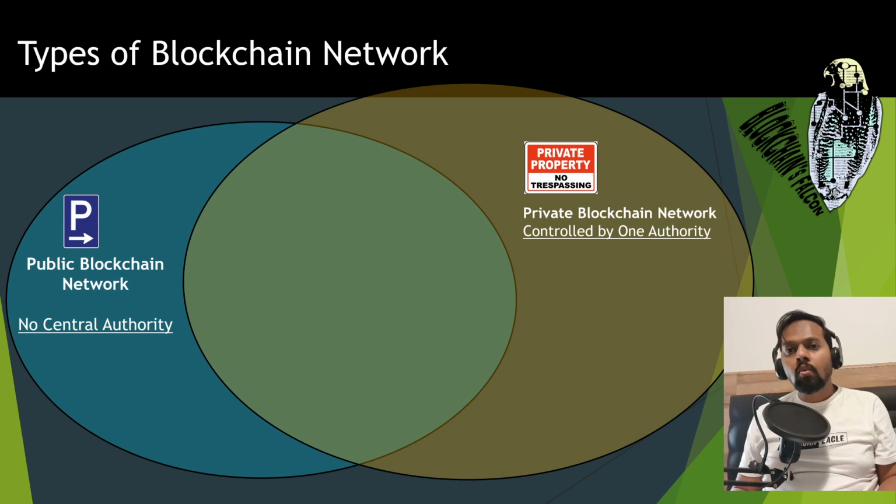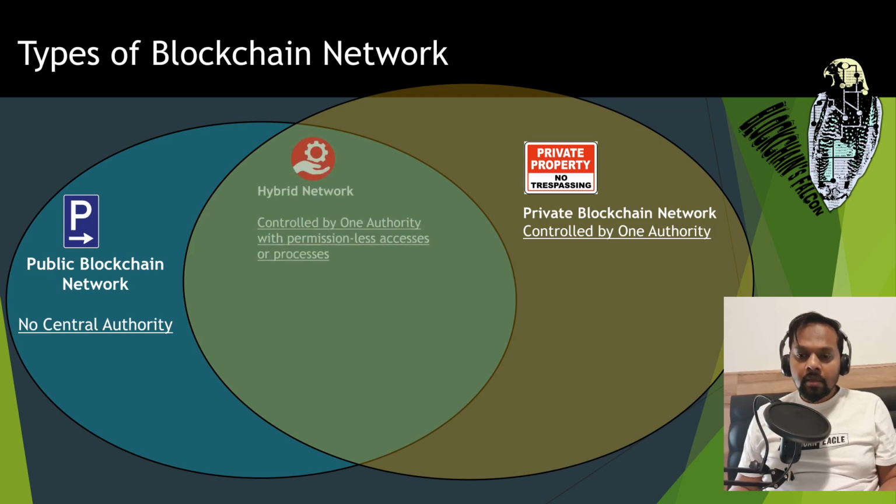So no public access will be allowed in this one. This private blockchain network is totally different from the public blockchain network. The only similarity between them is the way they are chaining the data, or you can say the DLT part, the distributed ledger part they contain.